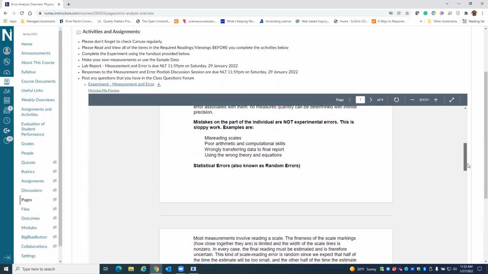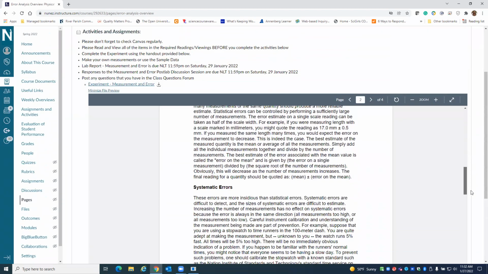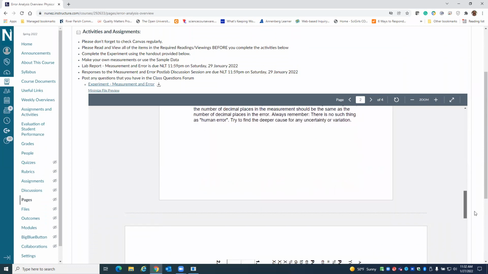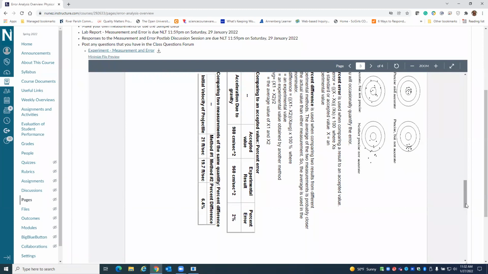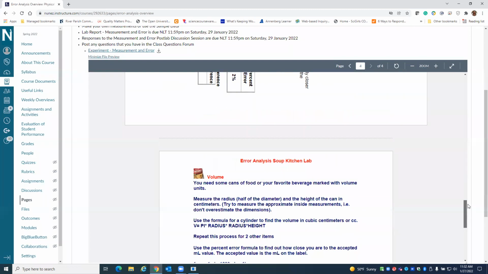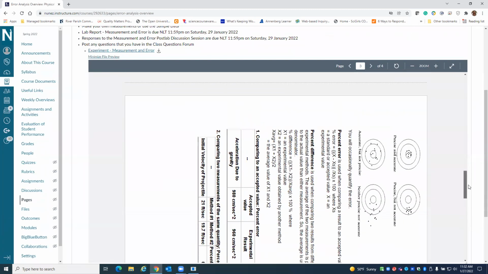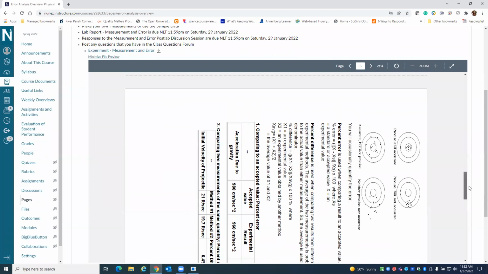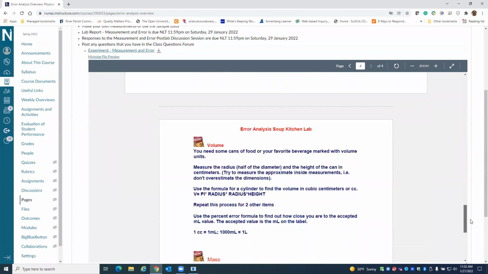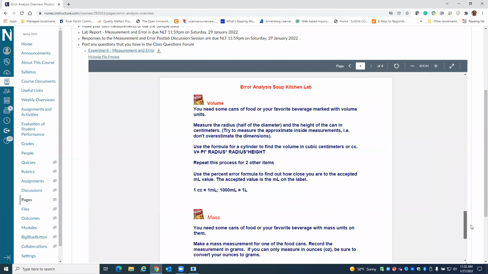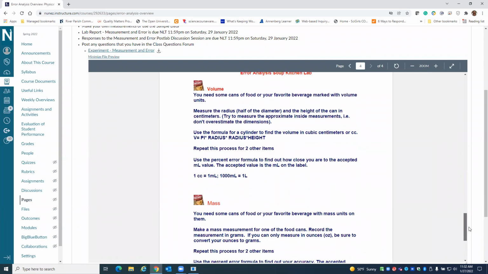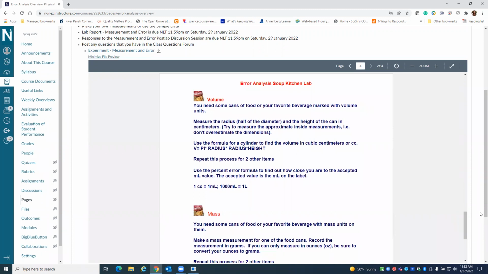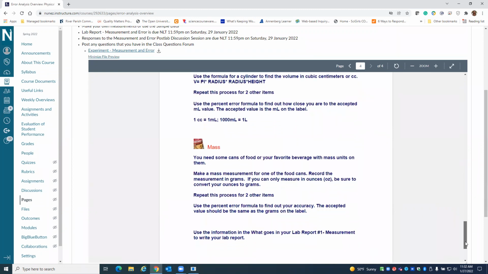I discussed random error, systematic error, and how you deal with each of them. Then we looked at percent error, the formula, and worked through an example. And then I covered the instructions that deal with your first experiment.